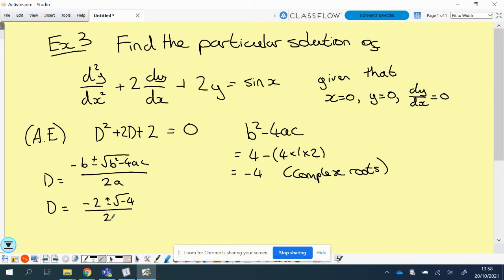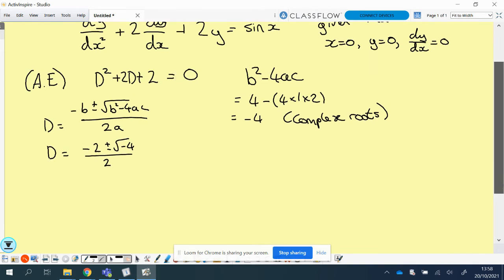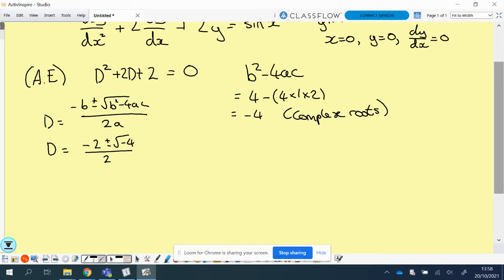Okay, and then the square root of negative 4 becomes 2i. So we get negative 2 plus or minus 2i over 2. Therefore, d will be negative 1 plus or minus i. Okay, so we've got both our roots there.